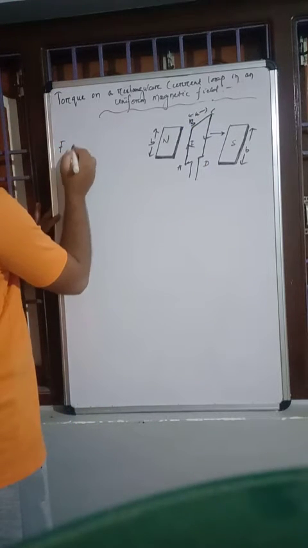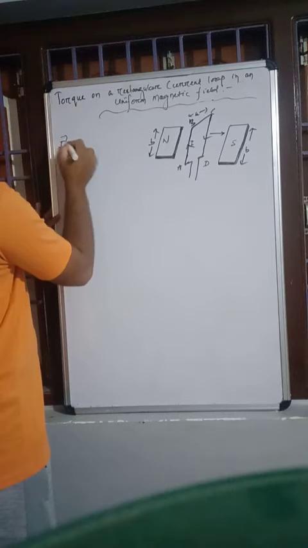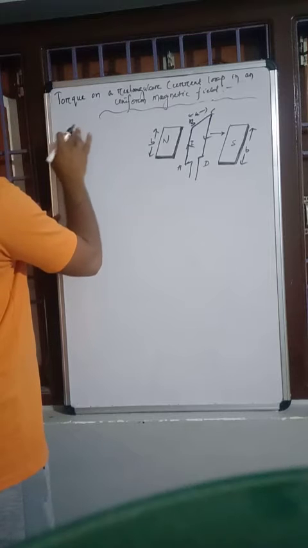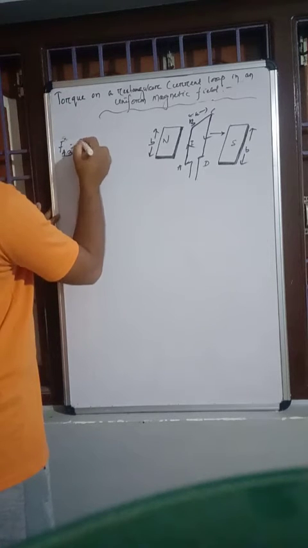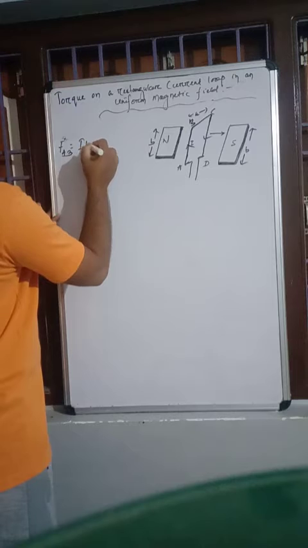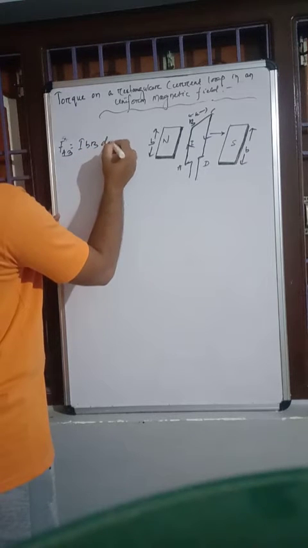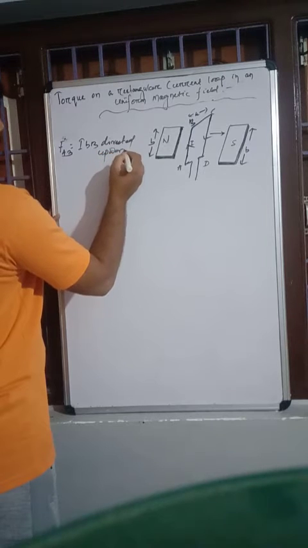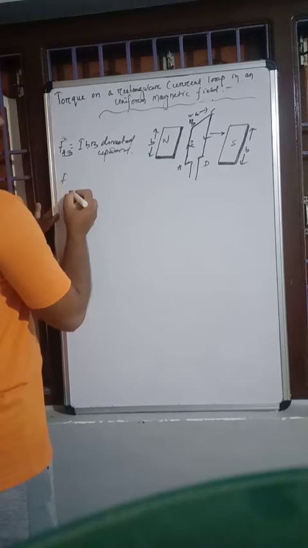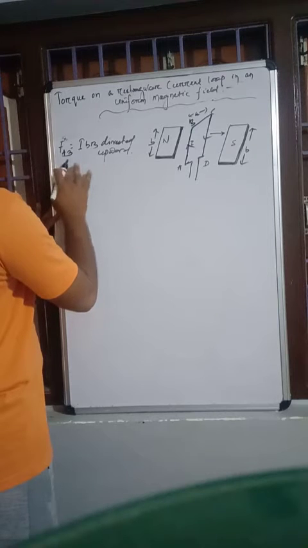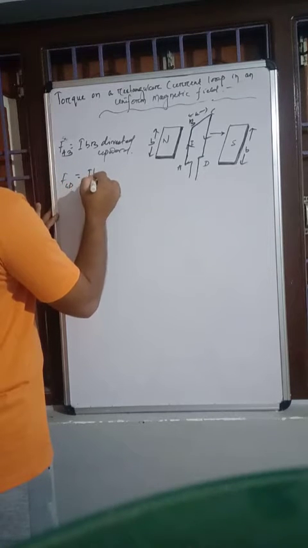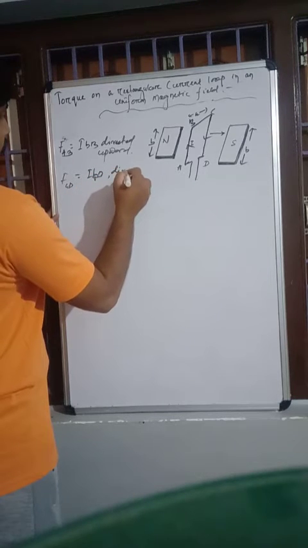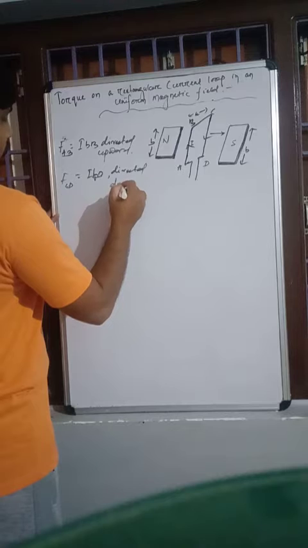I will write again, F_AB will be equal in magnitude to IbB, directed upward, and F_CD will be equal to the same IbB, directed downward.